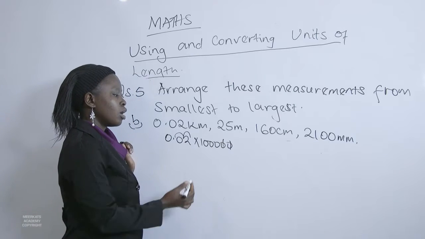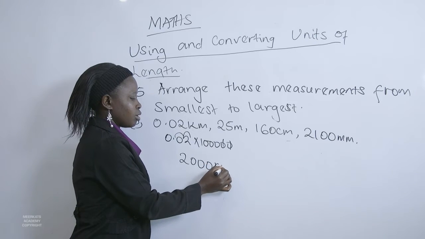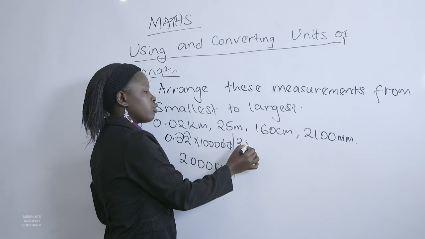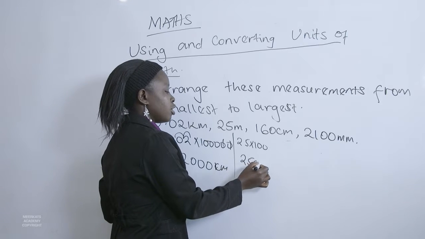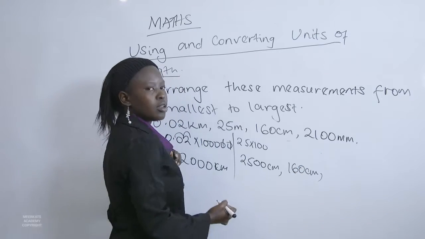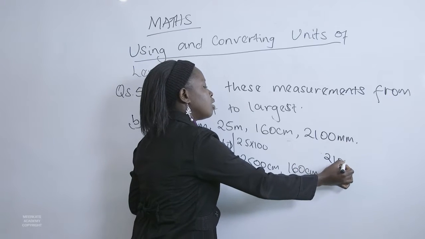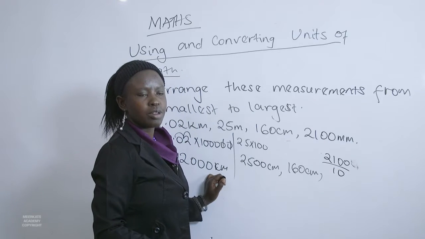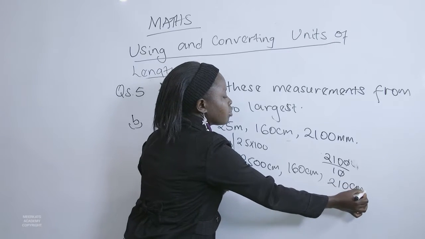So the 2 are gone, we are left with 3, and this gives us 2,000 centimeters. 25 meters will be 25 times 100, so we have 2,500 centimeters. This is 160 centimeters. And 2,100 millimeters, we'll have 2,100 divided by 10. When we divide by 10, we have 210 centimeters.